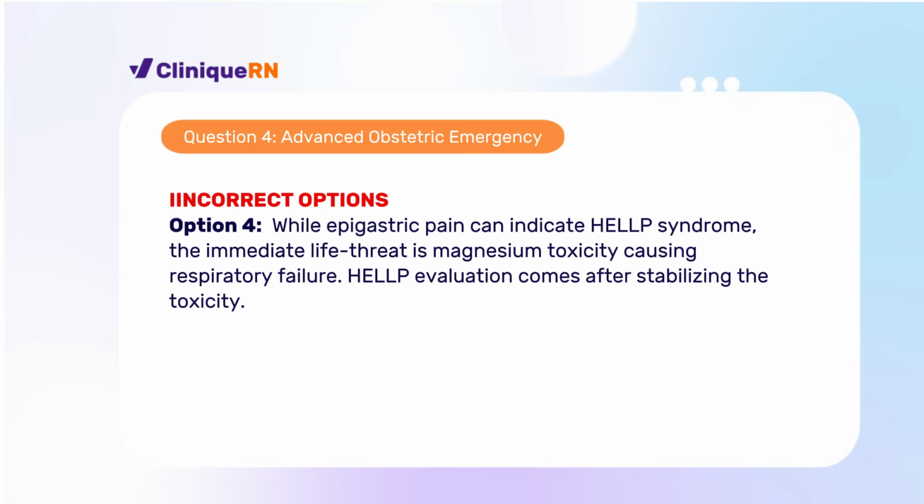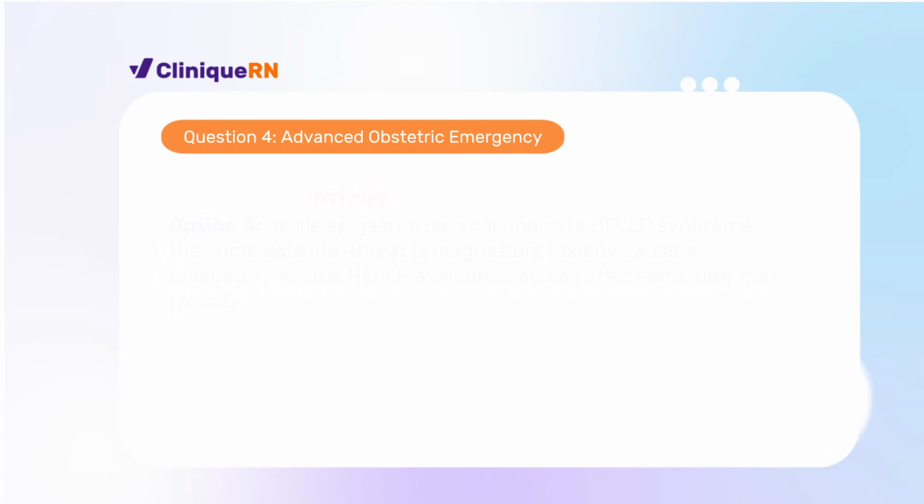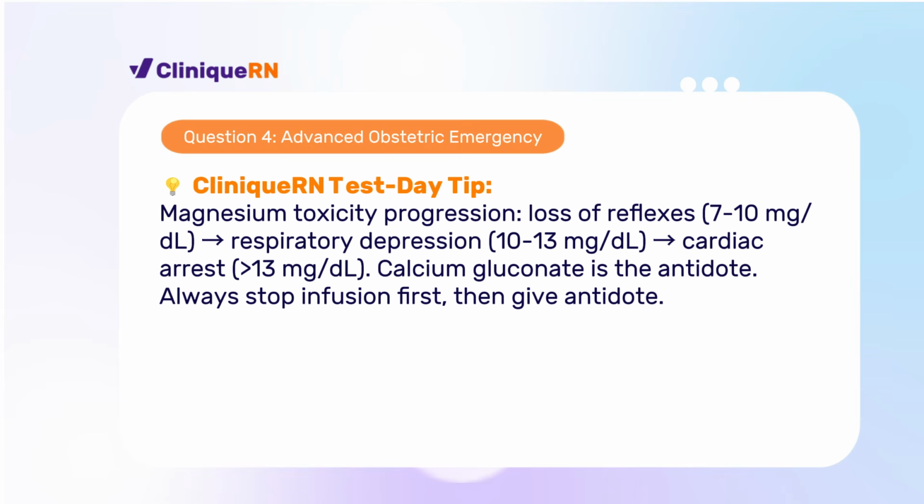Option 4. While epigastric pain can indicate HELLP syndrome, the immediate life-threatening condition is magnesium toxicity, causing respiratory failure. HELLP evaluation comes after stabilizing the toxicity. Clinique RN Test Day Tip. Magnesium toxicity progression.